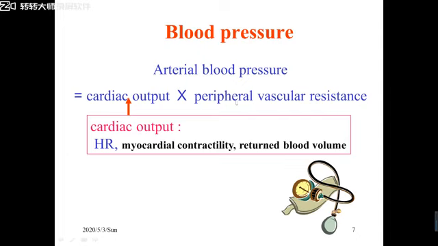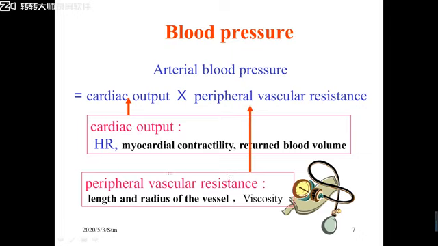And the second factor is peripheral vascular resistance. Peripheral vascular resistance is determined by the length and radius of the vessel and also by viscosity. So if some drugs can dilate vessels, that means reducing peripheral vascular resistance and reducing blood pressure.